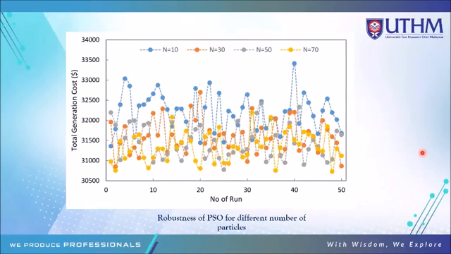Number two, we can evaluate the performance of the algorithm according to its robustness. Robustness means you try to run the algorithm, let's say within 50 runs.